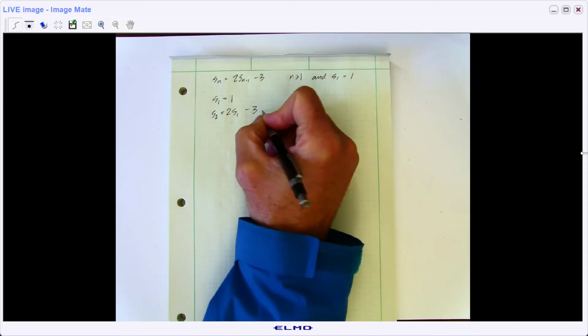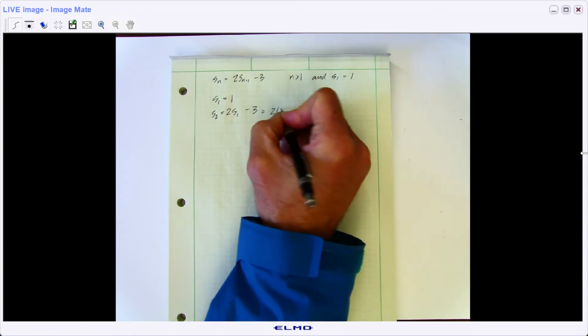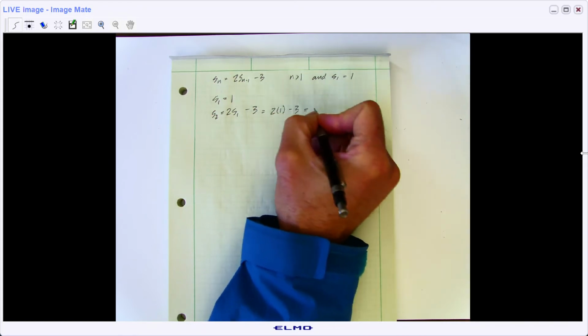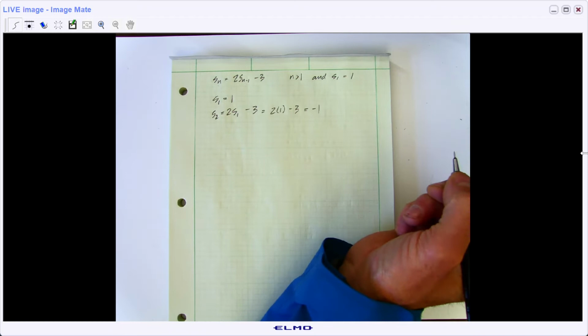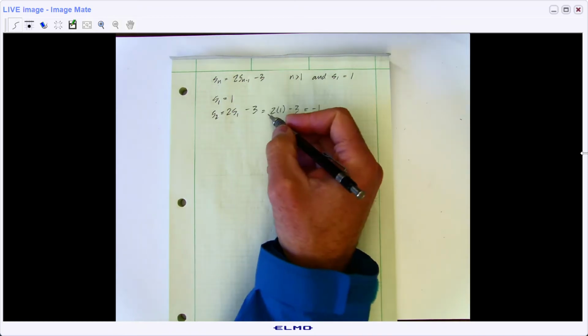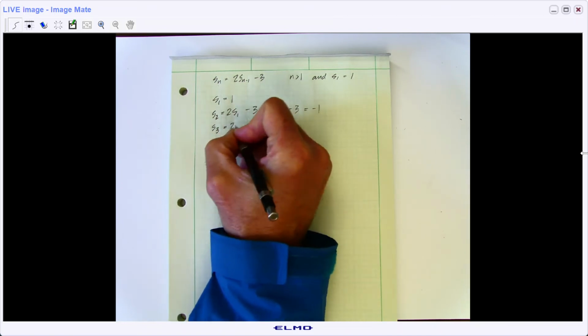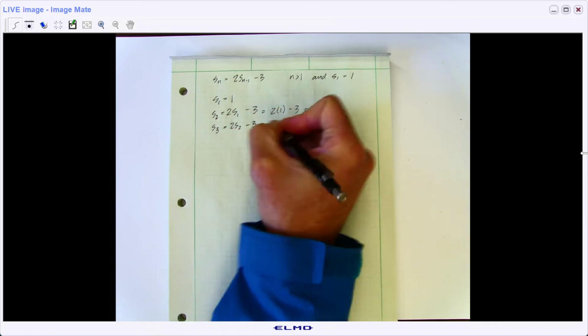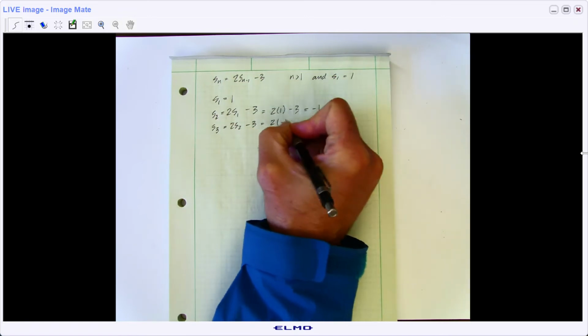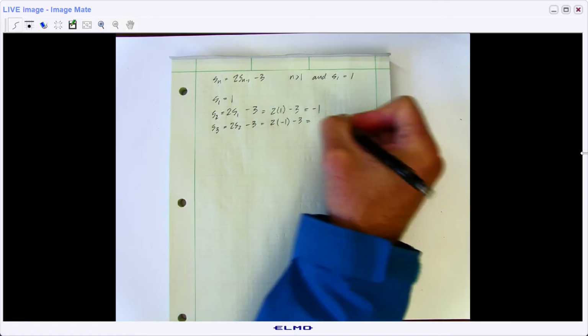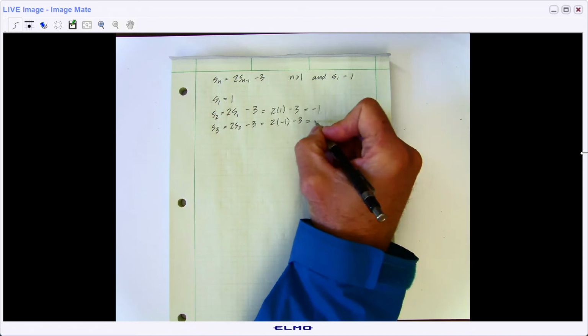And that's the same thing as 2 times 1 minus 3. That's negative 1. So that's the way a function is defined recursively. We get the next number from the previous number. So S3 is going to be 2 times S2 minus 3. It's going to be 2 times negative 1 minus 3. And what do we get there? We get negative 5.